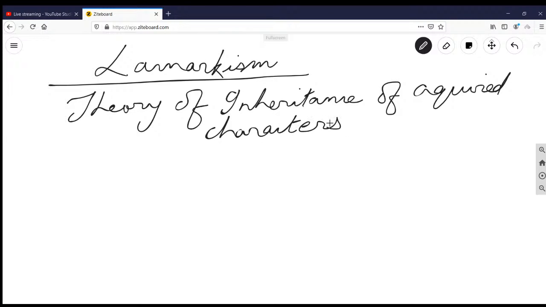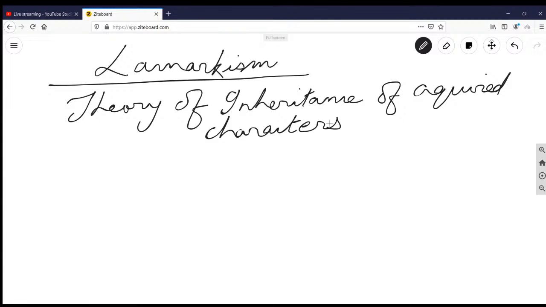By this sentence only, it should strike in your head that this theory doesn't hold good, or is not completely logical, because how can you transmit acquired characters? Suppose I cut the tail of a male rat, and the rat mates with a female, and they give rise to a baby rat, the fetus.